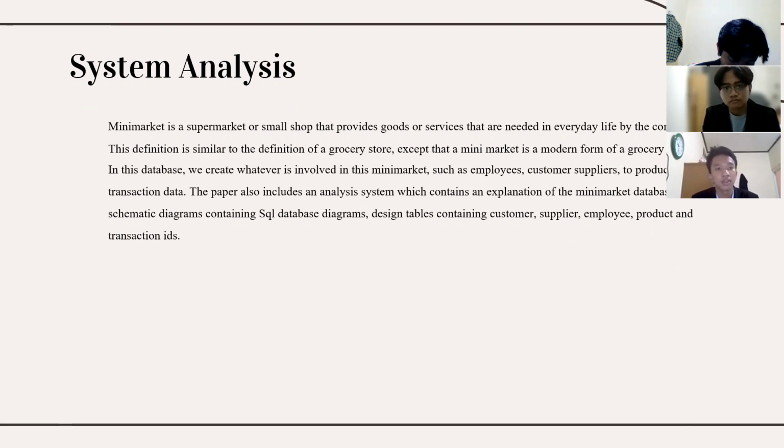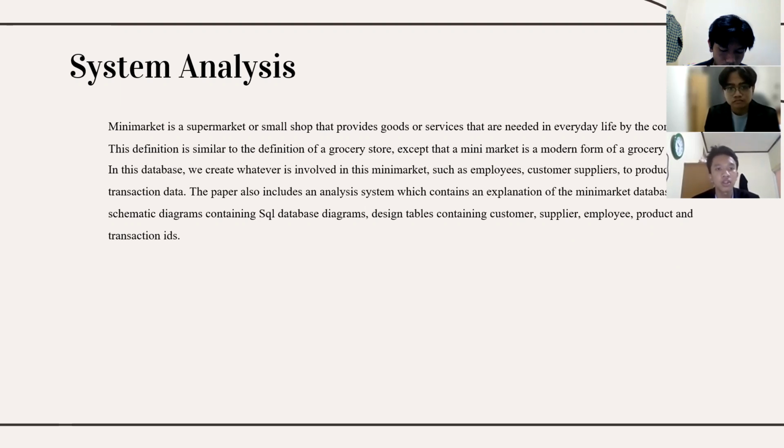System analysis. A minimarket is a supermarket or small shop that provides food or services needed in everyday life by the community. This definition is similar to the definition of a grocery store, except that a minimarket is a modern form of a grocery store.